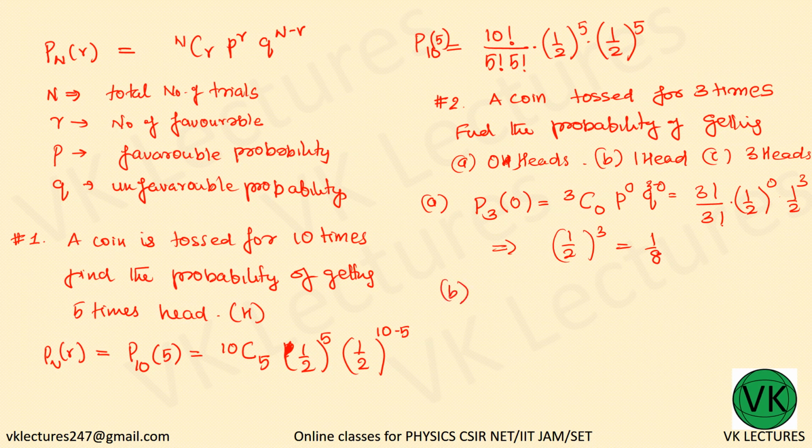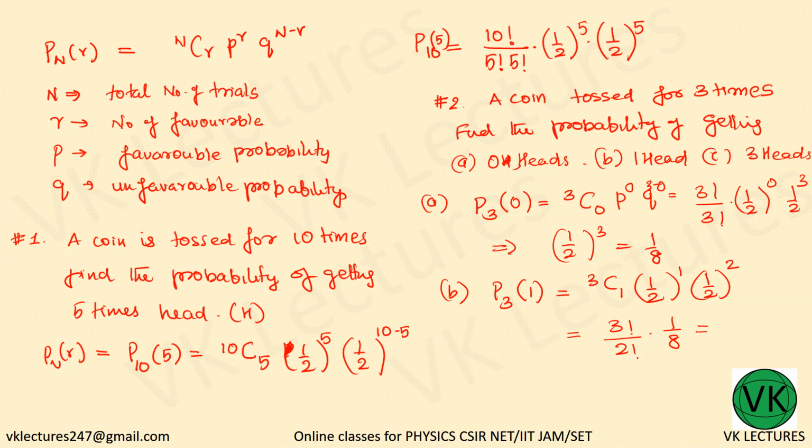B, 1 head, so P3 of 1 is equal to 3C1, p to the power 1 and q to the power 3 minus 1, that is 2. So that's equal to 3 factorial by 1 factorial into 2 factorial, into 1 by 2 into 1 by 4, that is 1 by 8.